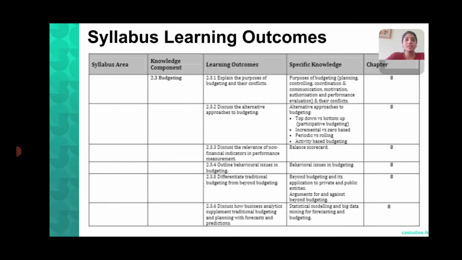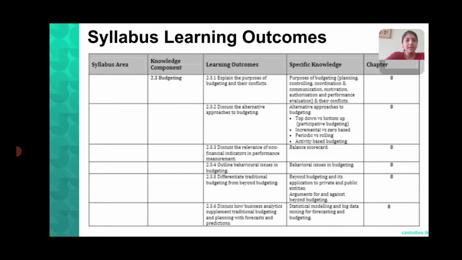So what you're expected to learn under budgeting is to explain the purpose of budgeting and their conflicts, to discuss the different approaches to budgeting, and discuss the relevance of non-financial indicators to performance measurements that are used to assess the level of budgets, and the differentiation between traditional and beyond budgeting.